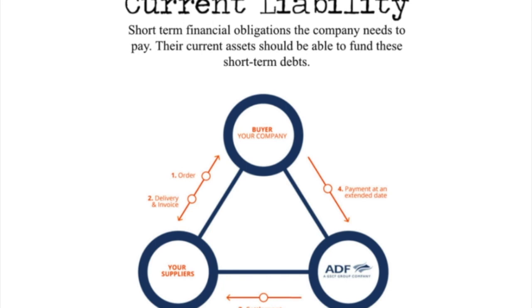In terms of current liability, what tends to be the case is that the company will use their current assets to pay off their current liabilities. And if the company is able to do that, then they are liquid. But if the company is struggling to do that, then there's liquidity problems.